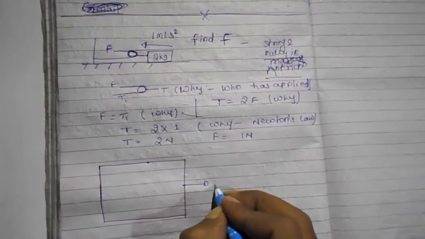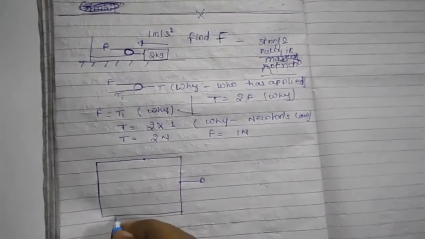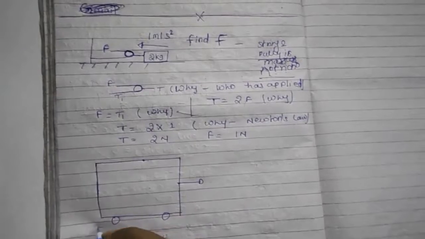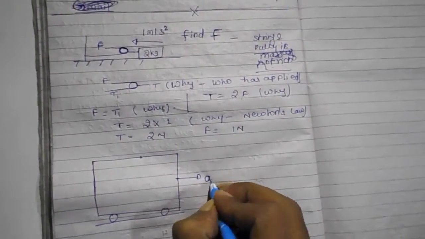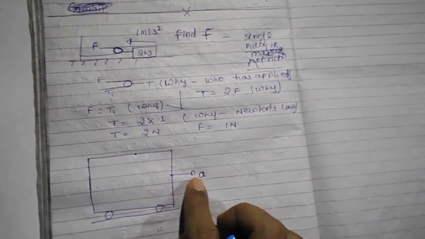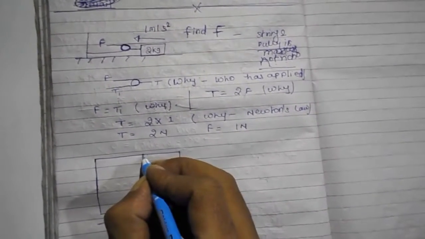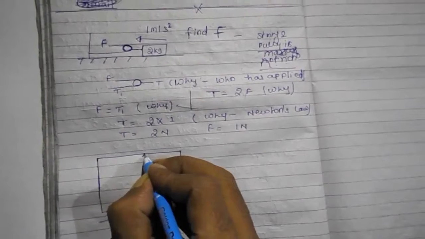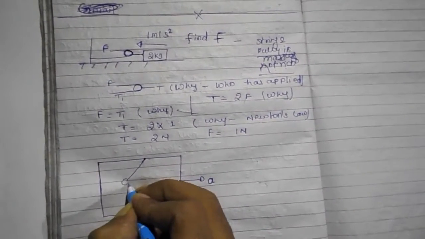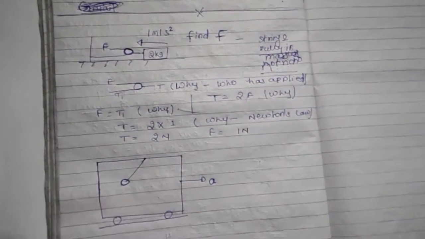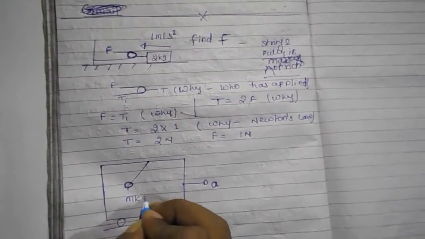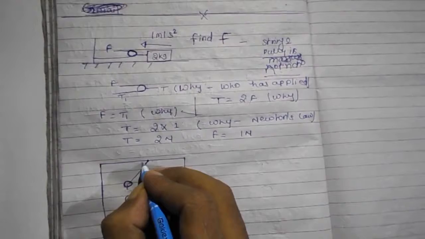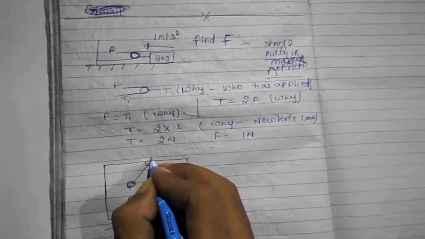This is just a string, and this is a car which is accelerating with acceleration a. This is a bob of mass m kg, and it is inclined at this angle theta.